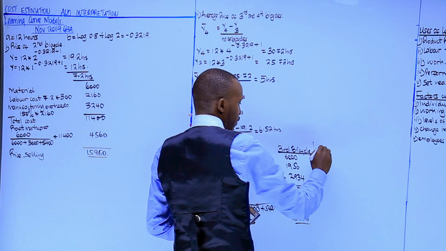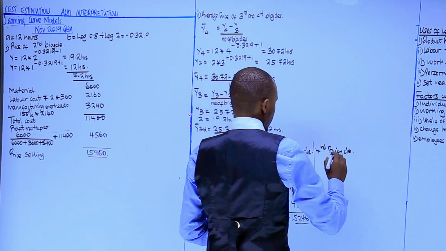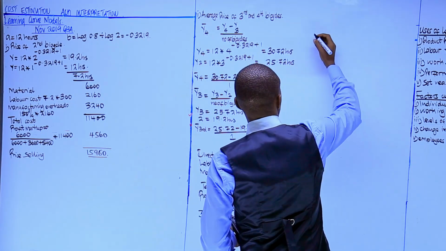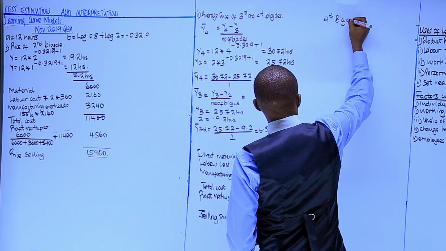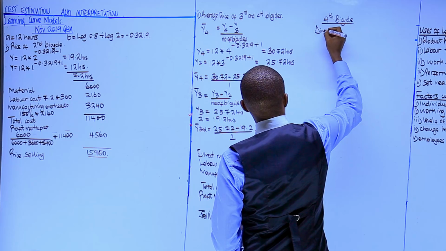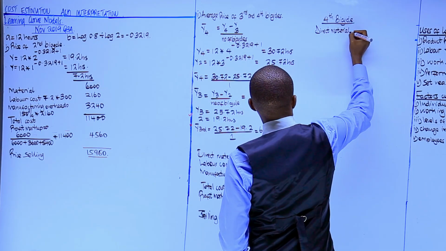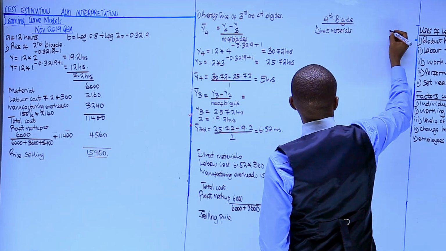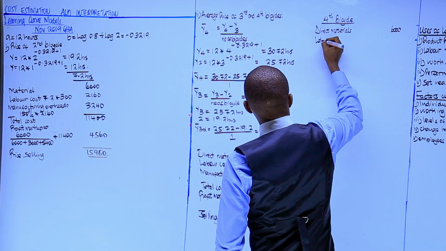The fourth bicycle, write it here. The fourth bicycle, direct materials is still 6,000. Your labor cost will have to change.